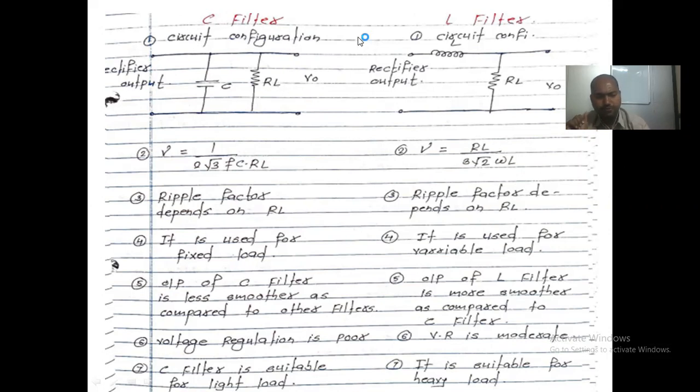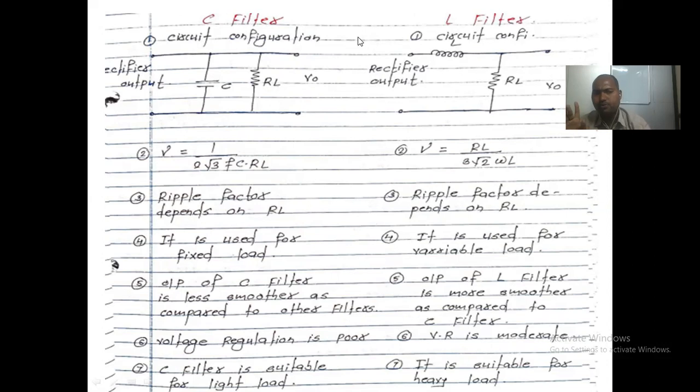Now, the C type filter is suitable for light load. Load means the device connected across your capacitor filter or inductor filter, and there are two types of load: light load and heavy load.